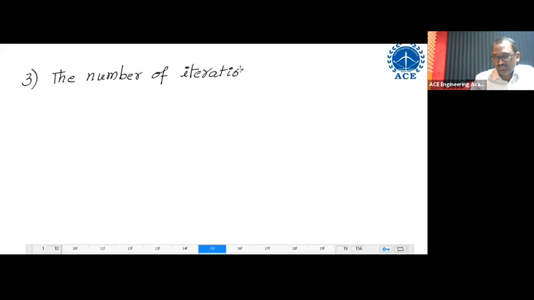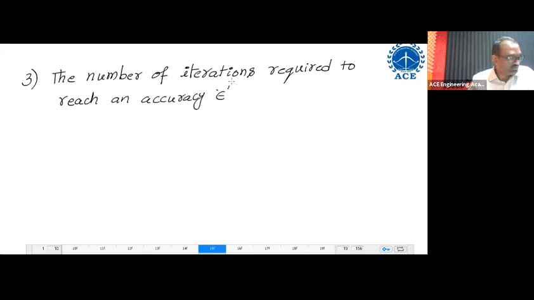Third point, the number of iterations required to reach an accuracy epsilon.